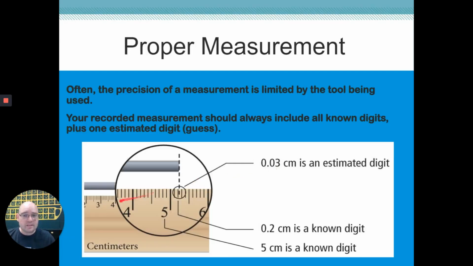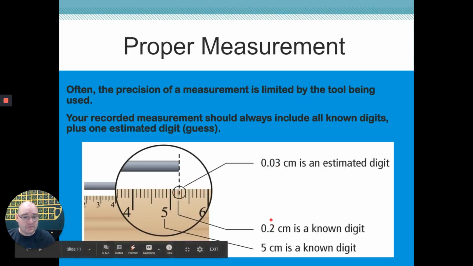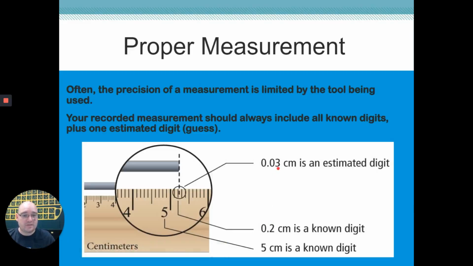But this is a fairly precise tool as far as what we're going to be using stuff for. It's accurate to the tenths place, and the error is in the hundredths place, which means that this error is plus or minus a few hundredths of a centimeter. That's not bad. So we could be off.